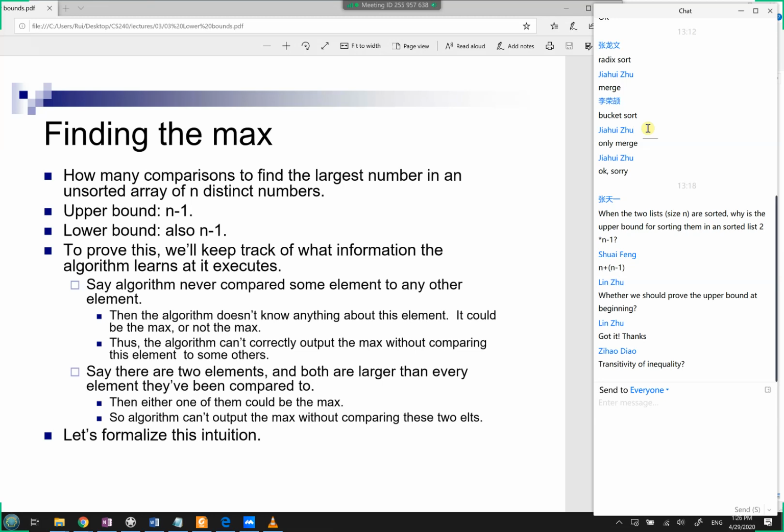First of all, let me give you a hint. Can you try to use divide and conquer to find the second largest value?